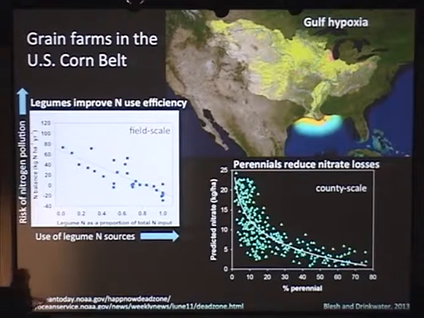Similarly, at a county scale, you can see that predicted nitrate losses decrease rapidly as the proportion of a county land area in perennials increases, so thinking about things like hay and forages. Now, both of these changes, perennials and legumes, consist of changes to the functional diversity of crop rotation. So again, adding in perennials or non-harvested legume species in this case.